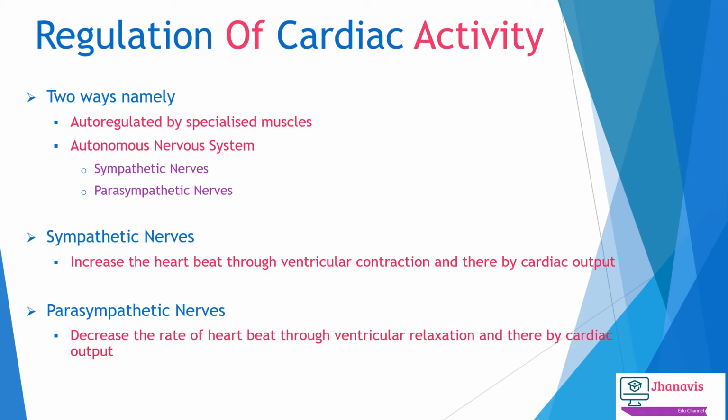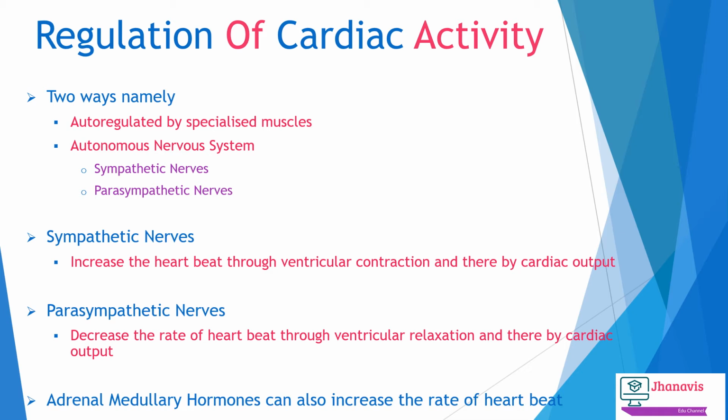The second one which also directly affects the rate of heartbeat is the adrenal medullary hormones. These hormones play a very important role in controlling the rate of the heartbeat.